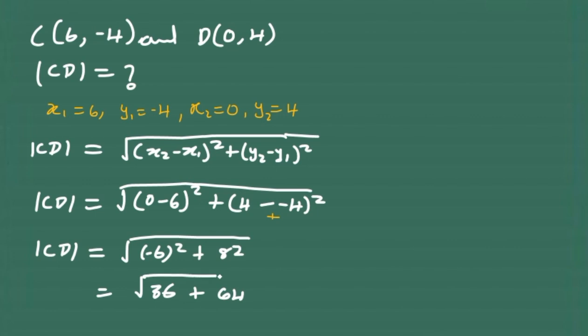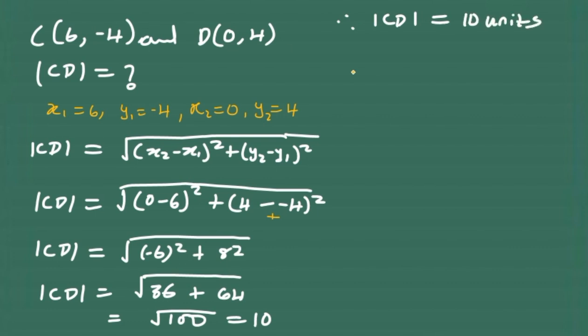When you sum this, you are going to have the square root of 100, and the square root of 100 is 10. So we can say that therefore the distance between the points C and D is 10 units.